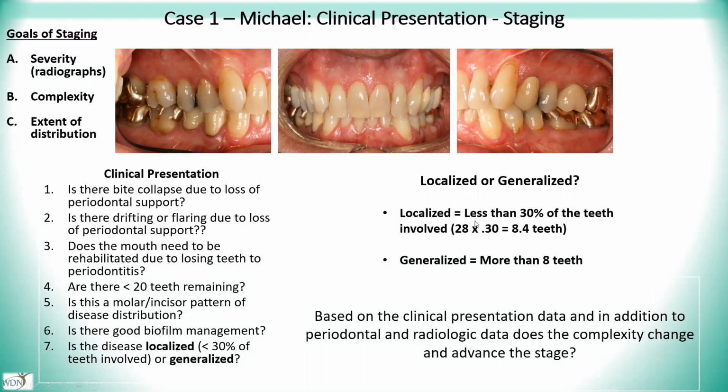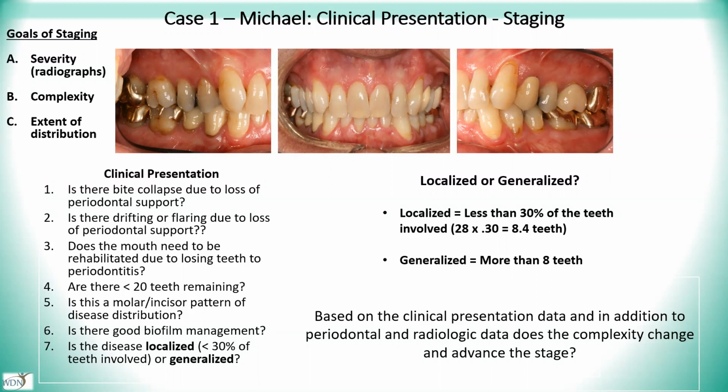Now, if most of our patients have 28 teeth or some number like that, and you multiply that times 30%, that's going to be about 8.4 teeth. So it's going to be 8 or 9 teeth that's going to drive the localized and the generalized words. We're going to call it more than 8 teeth. If it's more than 8 teeth, we're going to say generalized. If it's less than 8, we're going to call it localized.